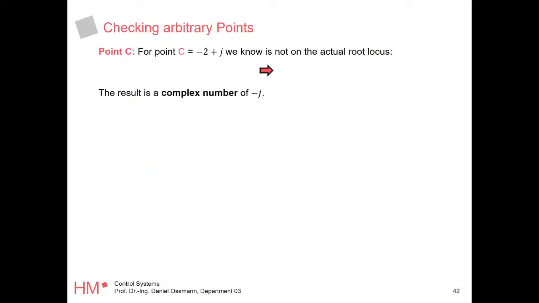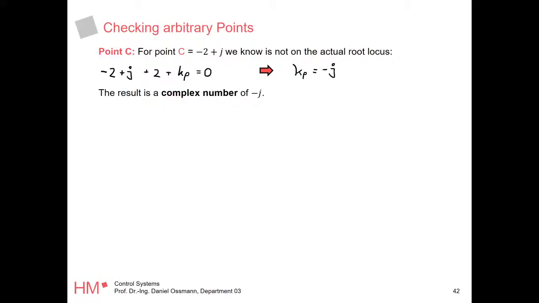Finally, we take our point C. Okay, C was a conjugate complex pole location, and it was at -2 + j. And then we have 2 + Kp equal to 0. And what we get out here is Kp equal to -j.